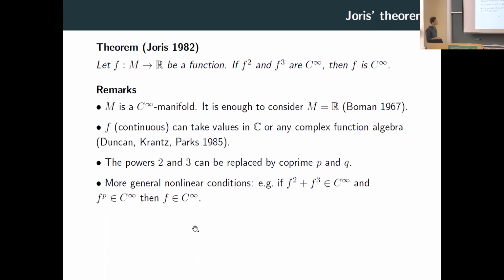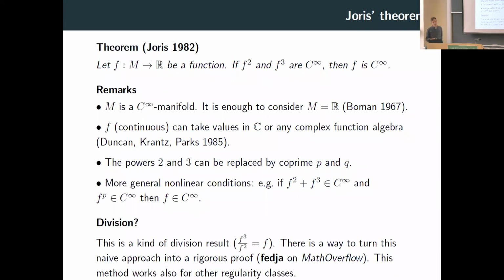Let me point out that the condition that F squared plus F cubed is C infinity is not enough. If the second condition is not there, then you can find examples where this sum is C infinity, but the function F is not C infinity. So this looks like a division result, right?